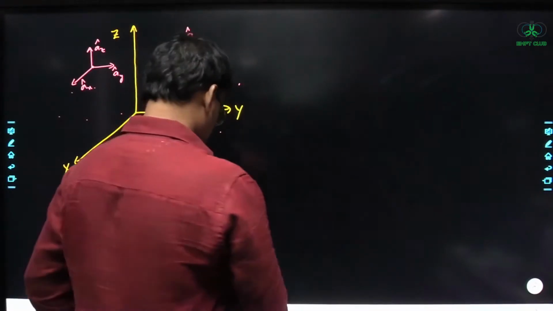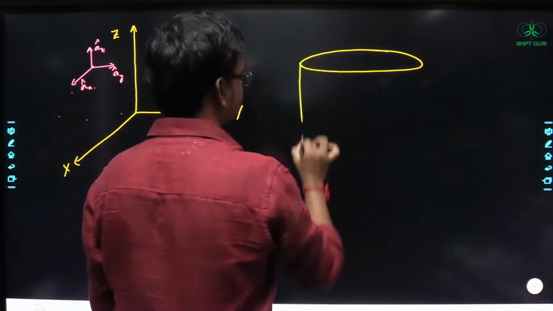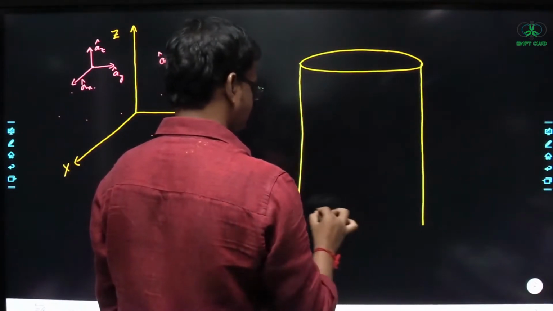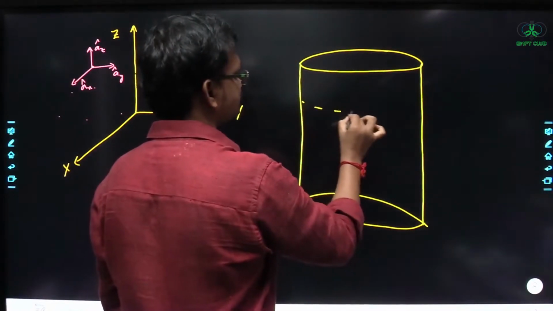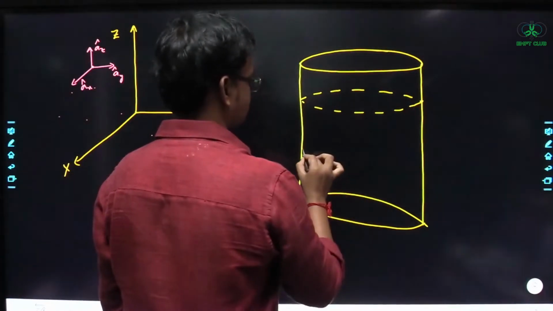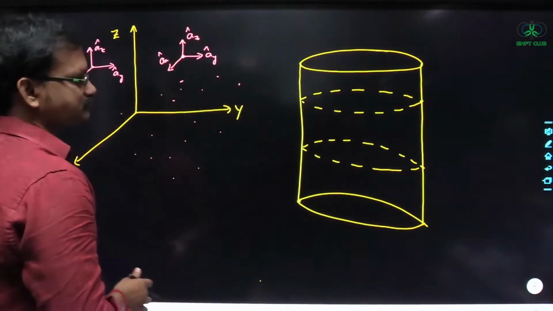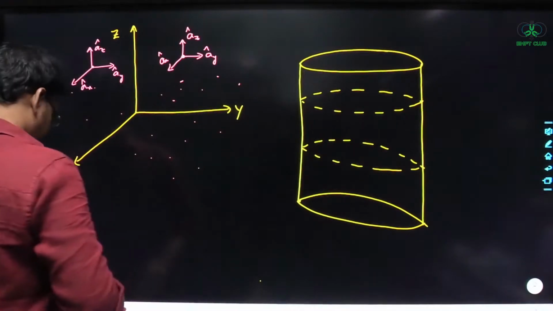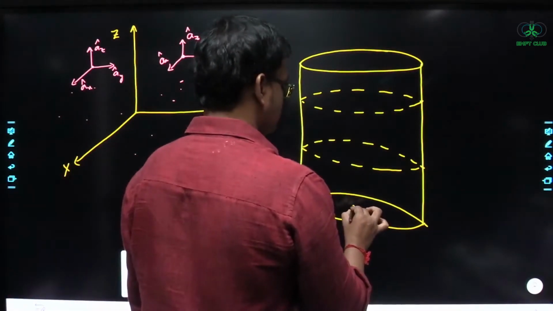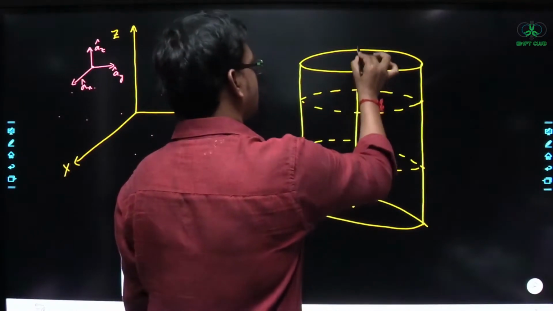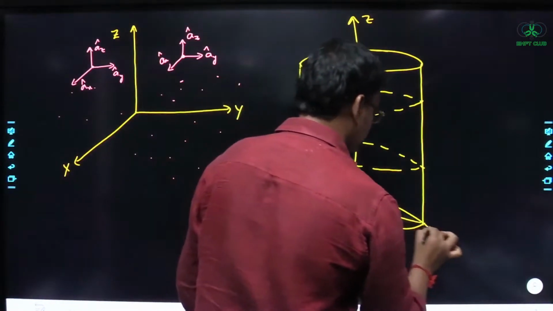Understood? Now coming to cylindrical coordinate system. So if I consider the cylindrical coordinate system, this is z axis and this is x axis and this is y axis.